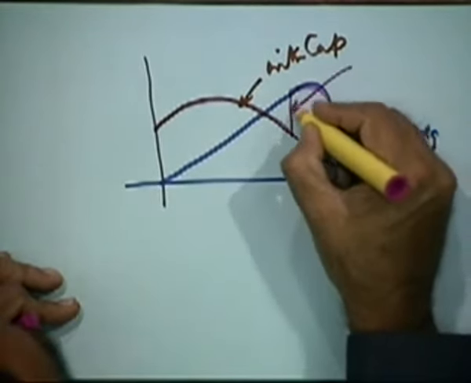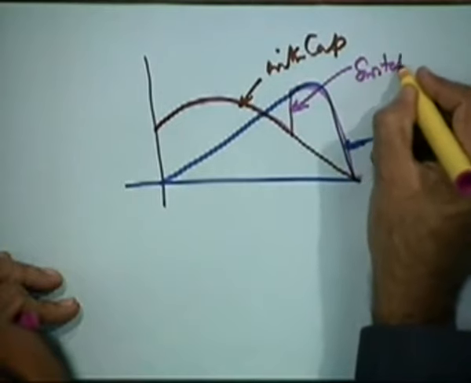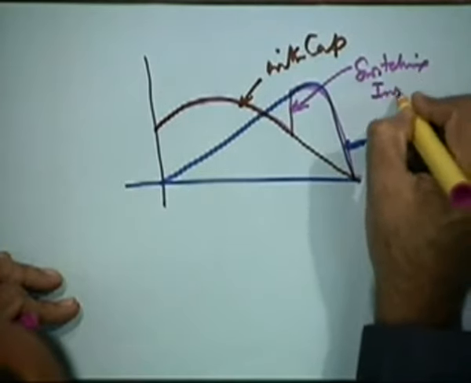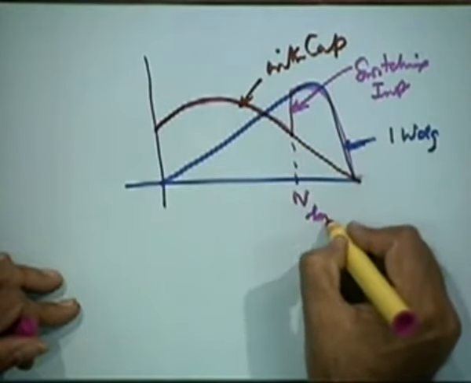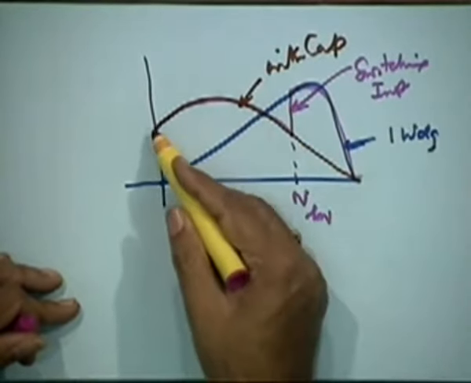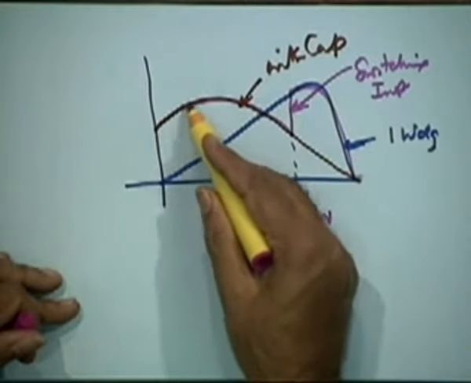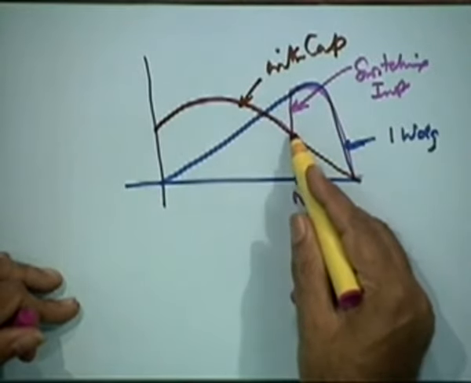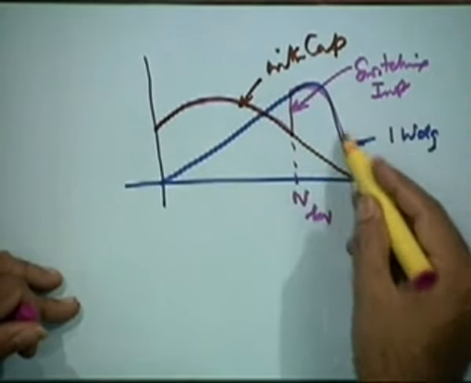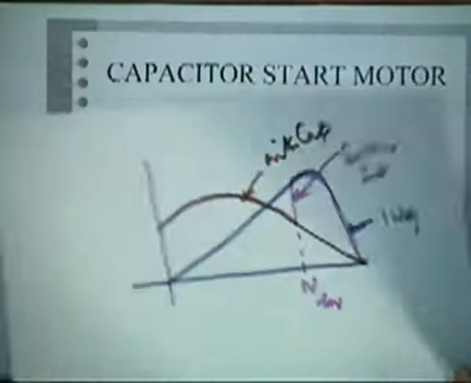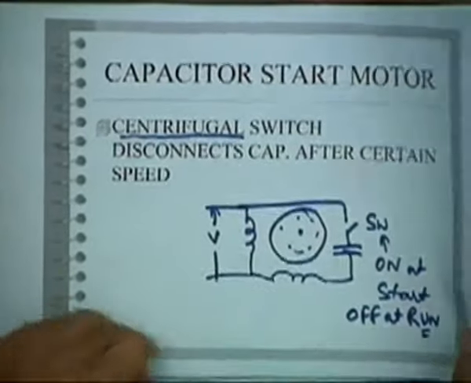This is the switching instant, at this speed, n switch. So you have a high starting torque, and you don't want to come down to 0, you want to shift to this one. So this is what you will have with this arrangement.